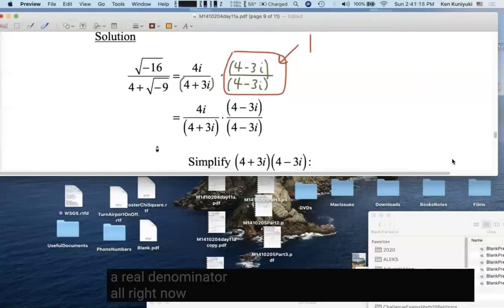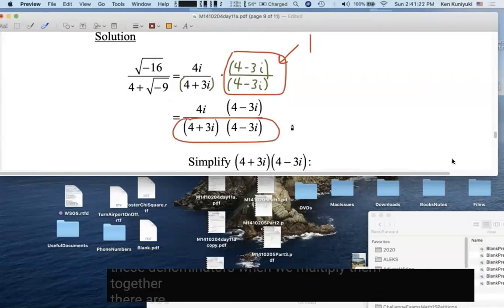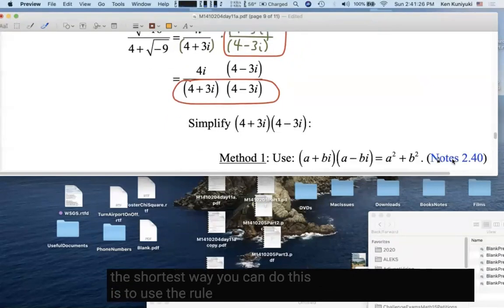All right, now, when we multiply these denominators together, there are different ways you can do this. The shortest way is to use the rule that we set up earlier in the notes. Remember, if z is the complex number a plus bi, and z bar is the complex number a minus bi, the complex conjugate of z, their product is a squared plus b squared.